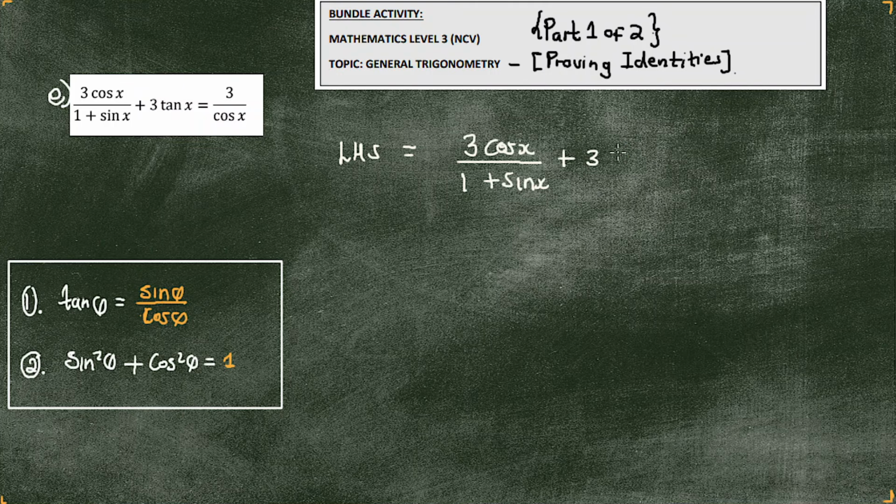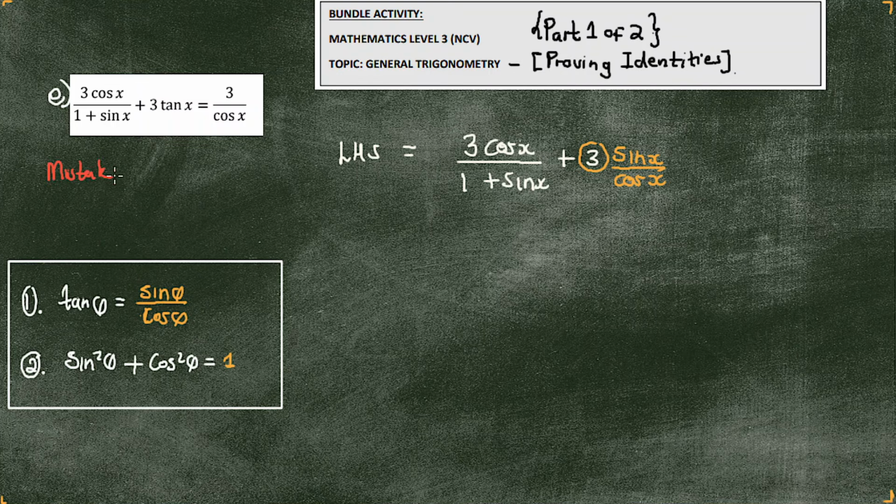Okay, this tan is going to be changed into sine x over cos x, right? You can see that there's only one 3 in front of the tan x, so don't make the mistake. This is a mistake. I'm going to write it in red.